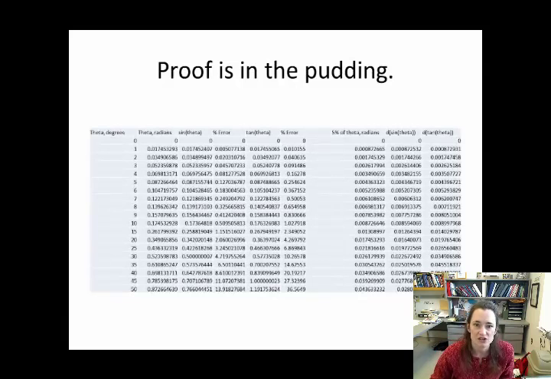Okay, so now let's look at tangent of theta. If you calculate tangent of theta, that's in the next column. What is that? 1, 2, 3, 4, column 5. And then the percent error comparing tangent of theta to theta in radians is in column 6. So you can see if you look at it that it's still 1% error or less up to 10 degrees, but then after that you can see that the percent error for tangent of theta is much larger than it is for the sine of theta approximation.